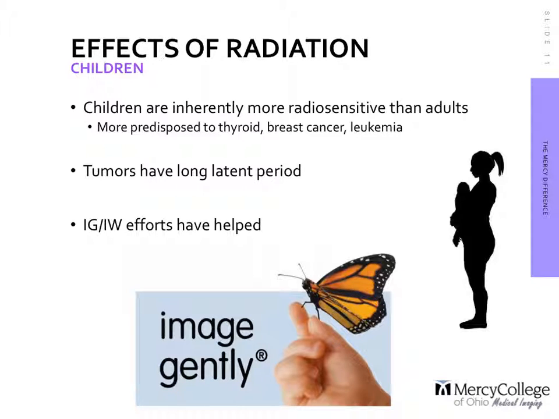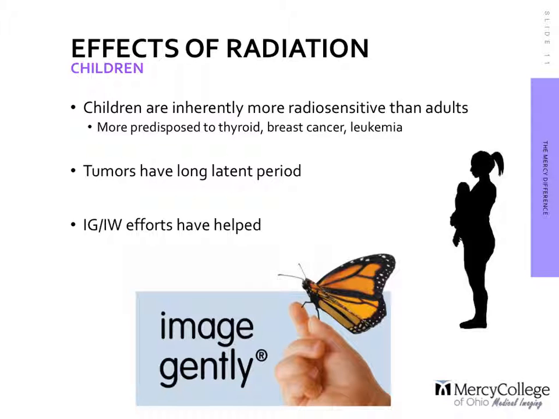They have a lot of valuable information on their website in regards to specific modalities, so CT, interventional, and nuclear medicine-based procedures, all geared around children, largely because, as we mentioned before, they're more radiosensitive than adults, which puts them at a greater predisposition for thyroid cancers, breast cancers, and leukemias, but really all cancers in general. So we have to be very aware of those stochastic effects.